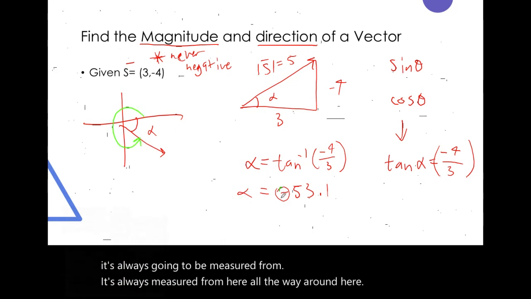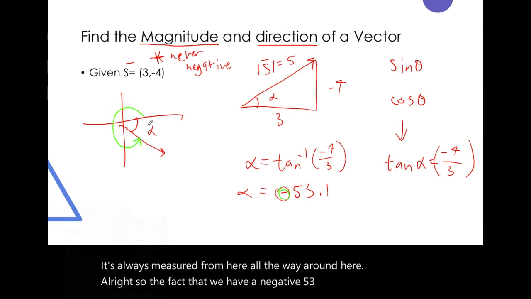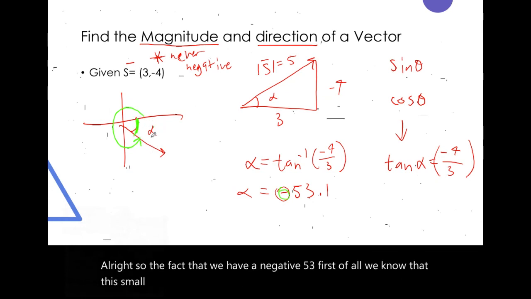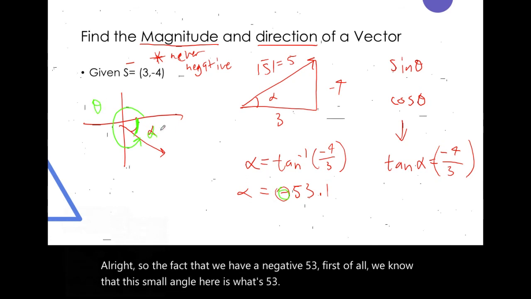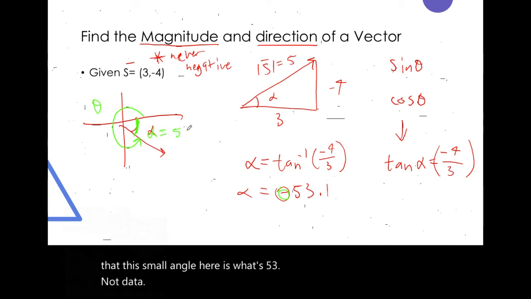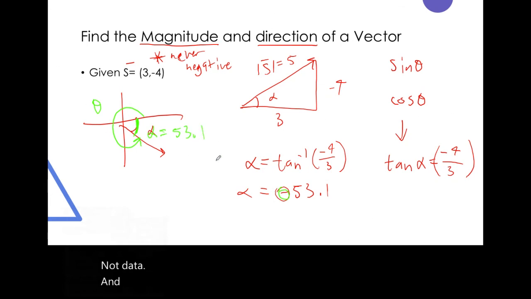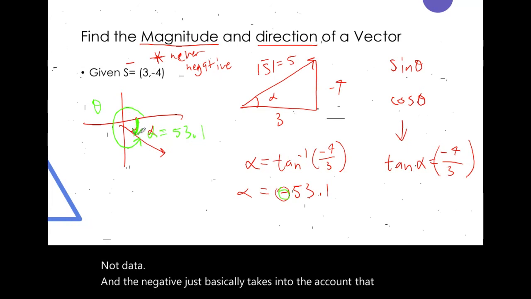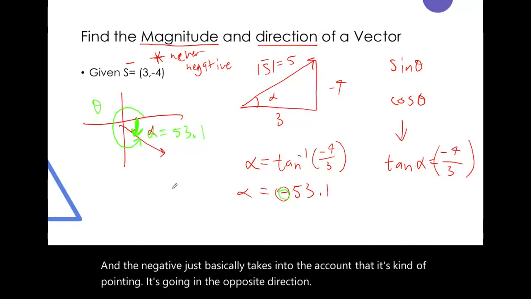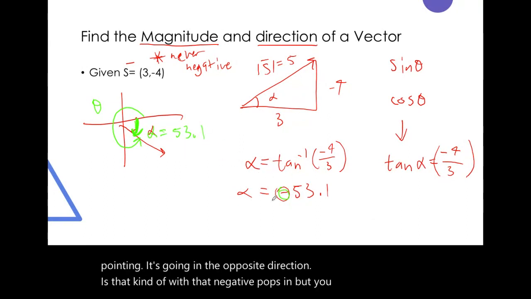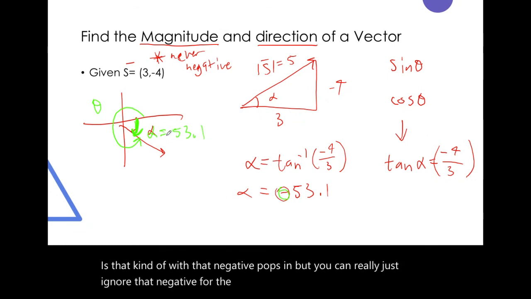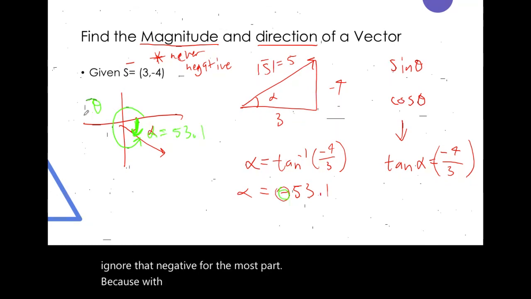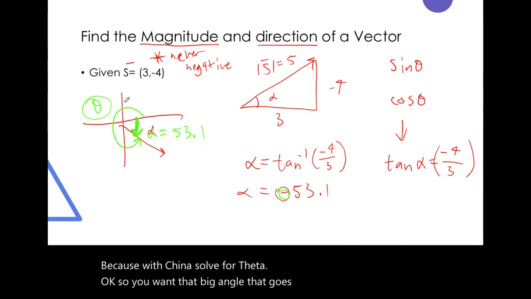The fact that we have a -53 tells us that this small angle here is 53, not theta. The negative just takes into account that it's going in the opposite direction, but you can really just ignore that negative for the most part, because we're trying to solve for theta. We want that big angle that goes all the way around here.